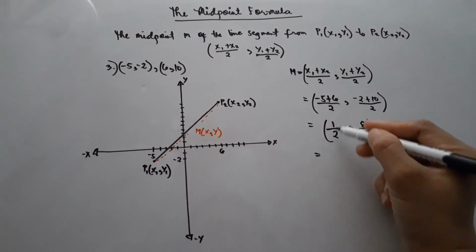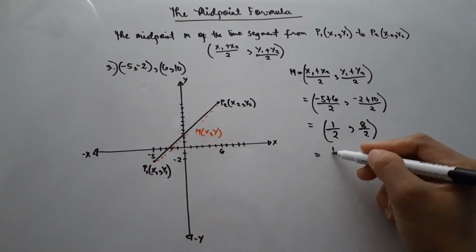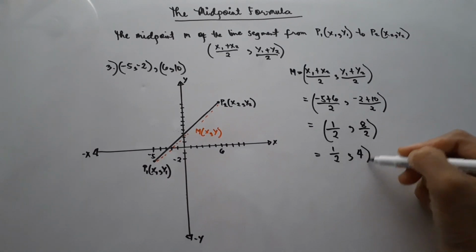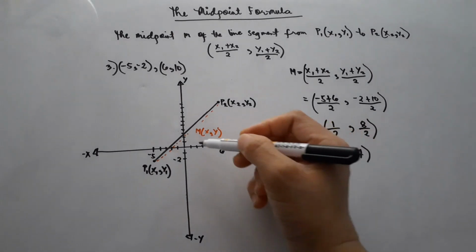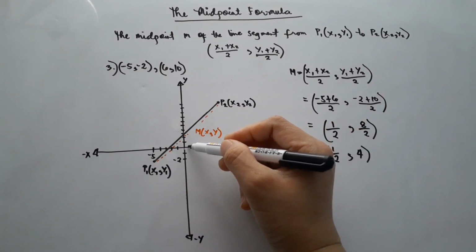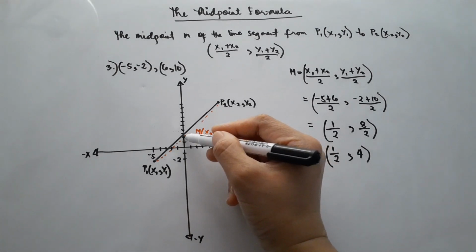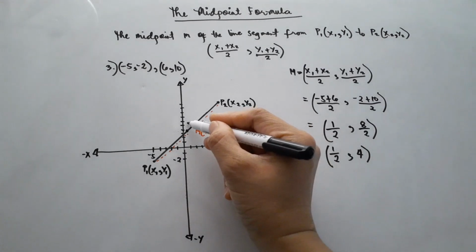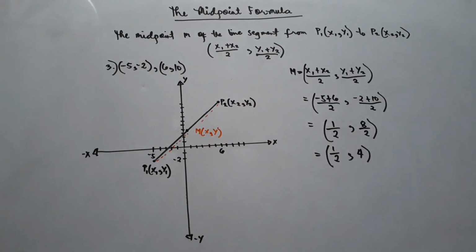So our midpoint here is 1/2 and 4. This is our midpoint. And then if we look at it from here, we have 1/2 going upward to positive 4 in here. So remember that the midpoint is the equidistance of each endpoint.